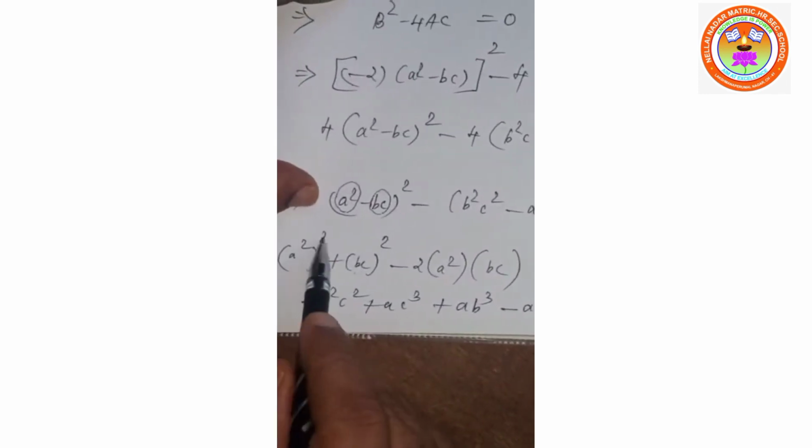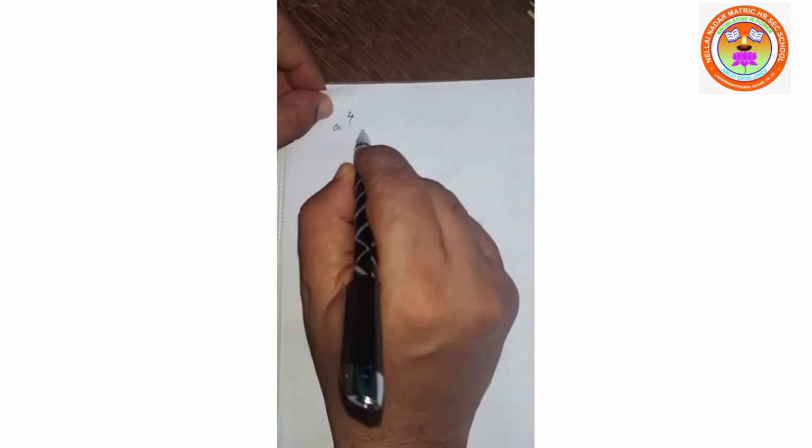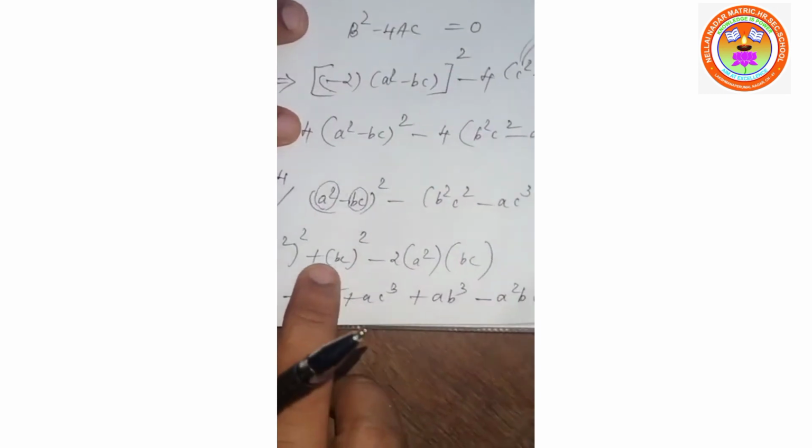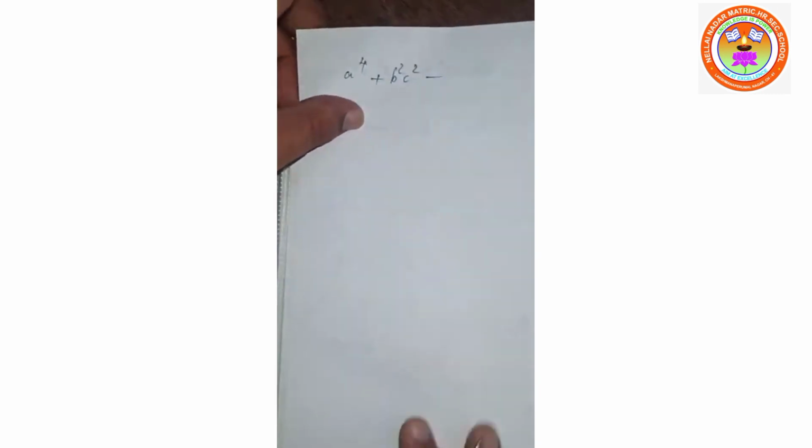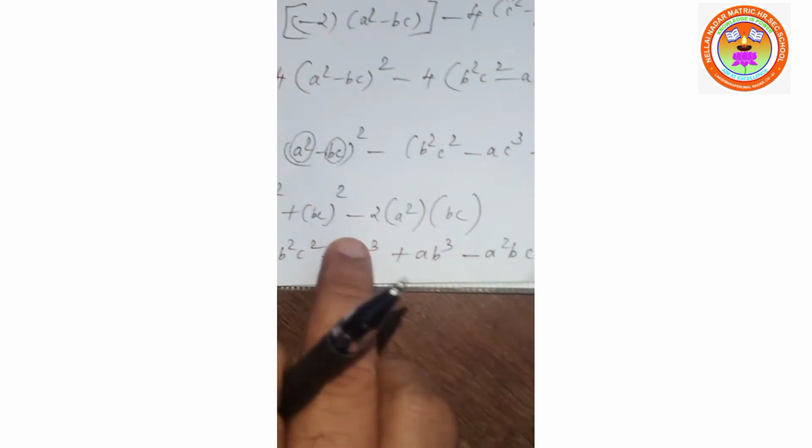A square the whole square is a power 4, plus bc the whole square is b squared c squared, minus 2 into a squared bc, that is minus 2a squared bc.